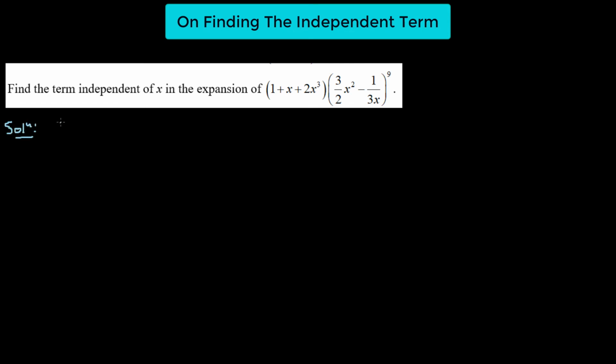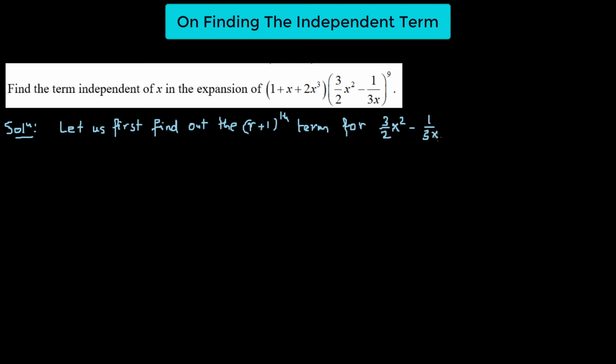First, let us find the (r+1)th term for the second expression, which is (3/2 x squared minus 1/3x) raised to the power of 9.